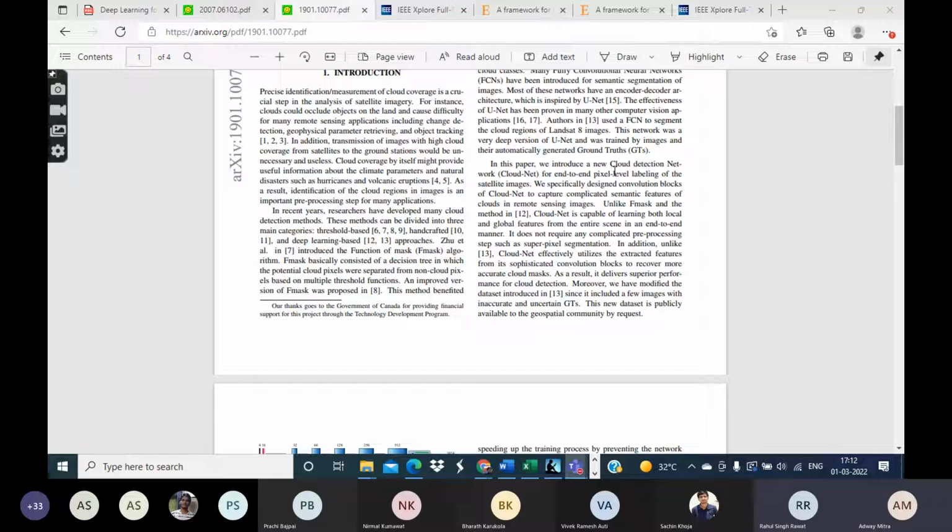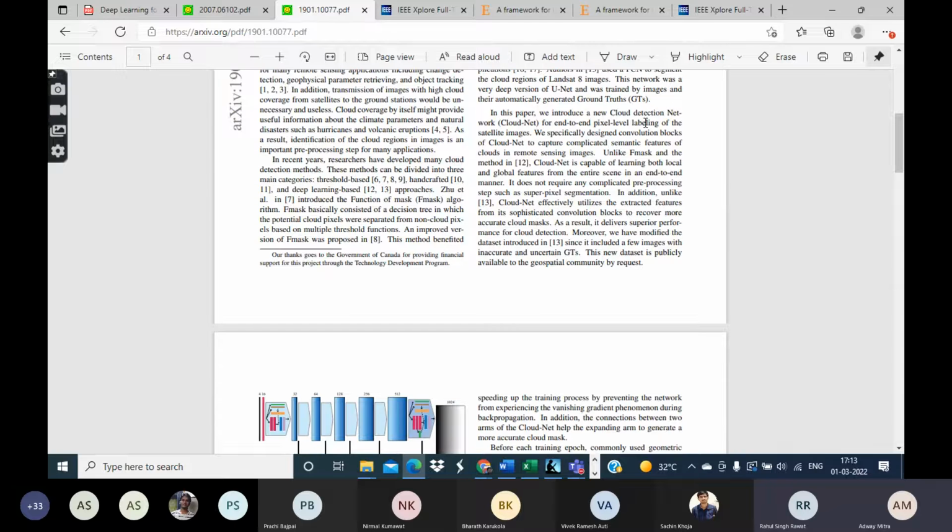So in this paper, we introduce a new cloud detection network, CloudNet, for end-to-end pixel level labeling of the satellite images. We specifically designed convolutional blocks of CloudNet to capture complicated semantic features of clouds in remote sensing images.